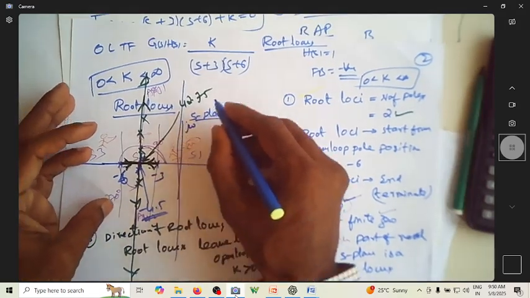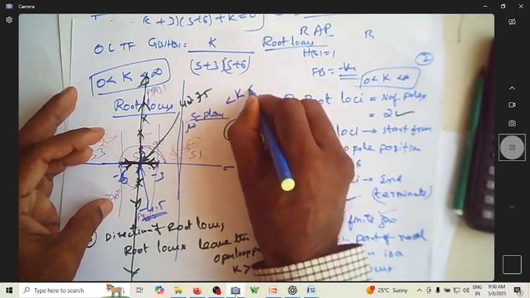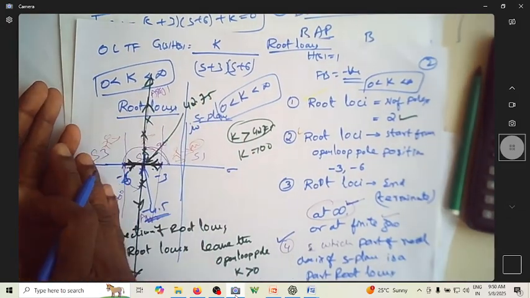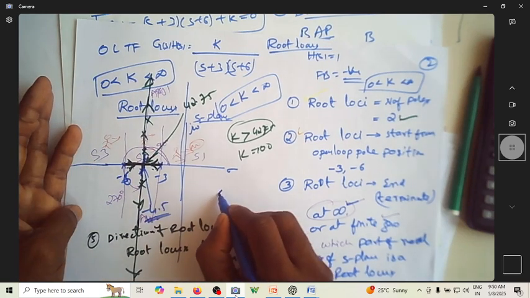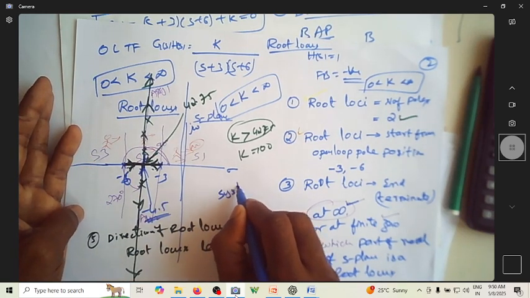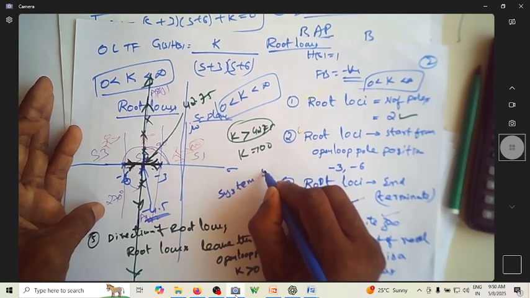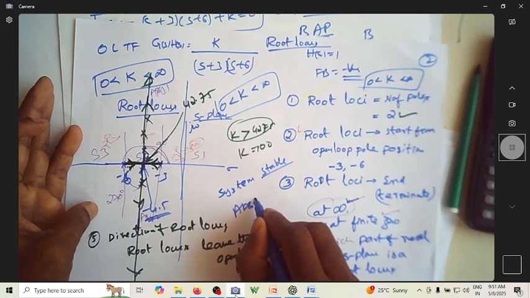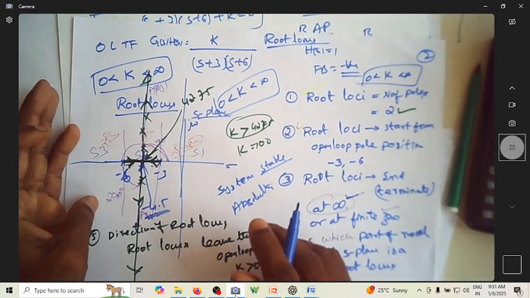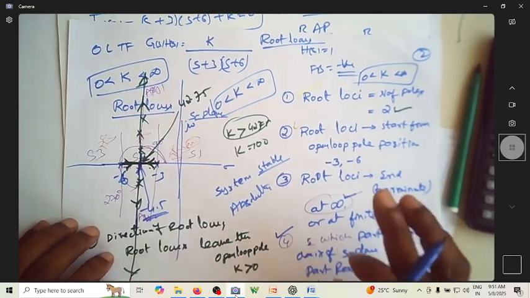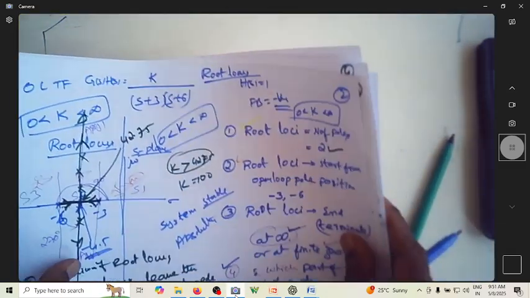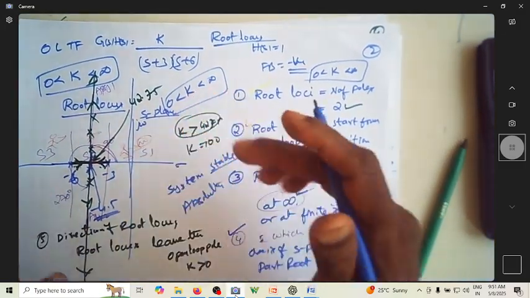So for any value of k between 0 and infinity, roots are always on the left hand side of the S plane. So the system is stable. It's not simply stable, it is absolutely stable, because this can never go to the right hand side. The roots will never go to the right hand side of the S plane for any value of k, even up to infinity.